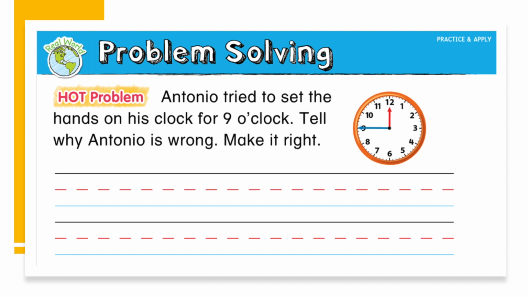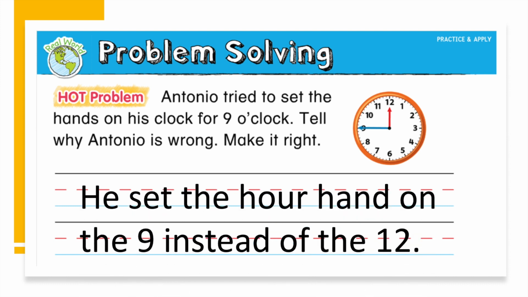What did he do? What mistake did he make? Yeah, so he set the hour hand on the 12 instead of the 9, right? So the hour hand had to be pointing to the 9, and the minute hand, the blue hand, should be pointing to the 12. Nice job, mathematicians.